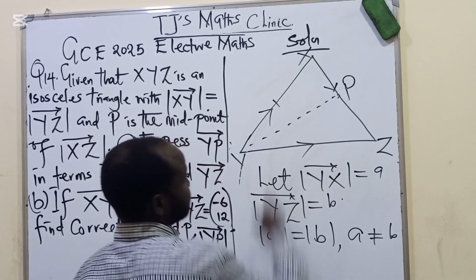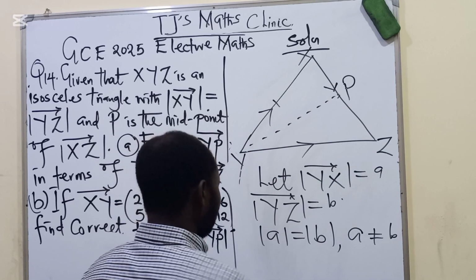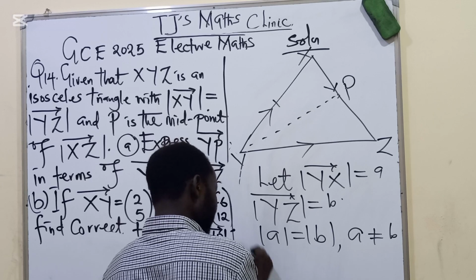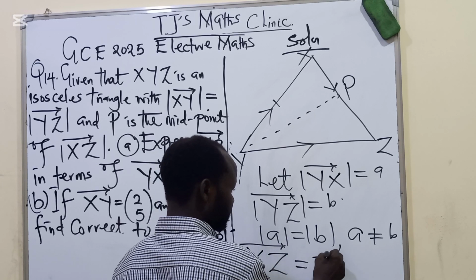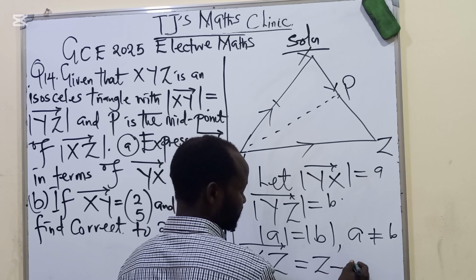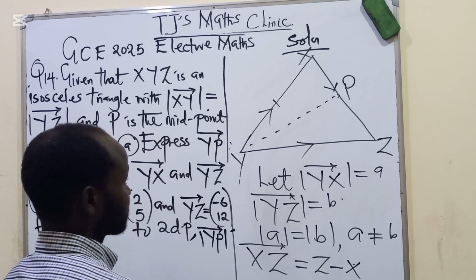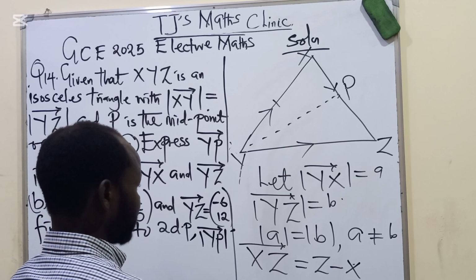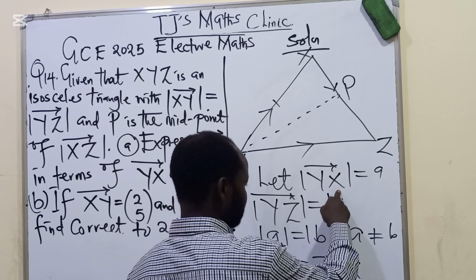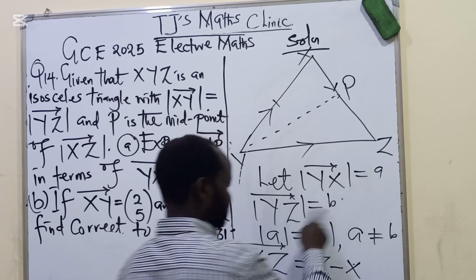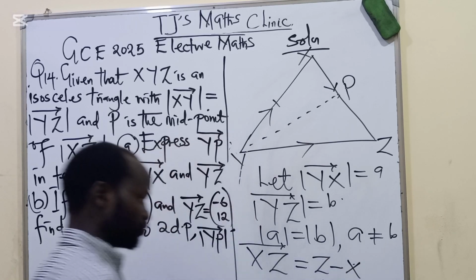Since xz now has midpoint P, vector xz relative to the origin is the same as z minus x. If yx is a and yz is b, it means x is a and z is b. So we have b minus a relative to the original.